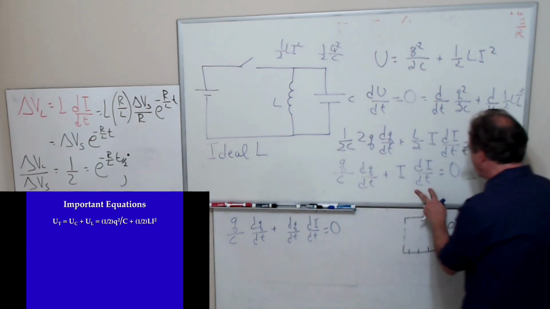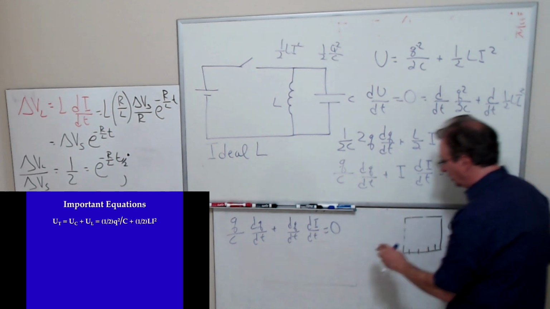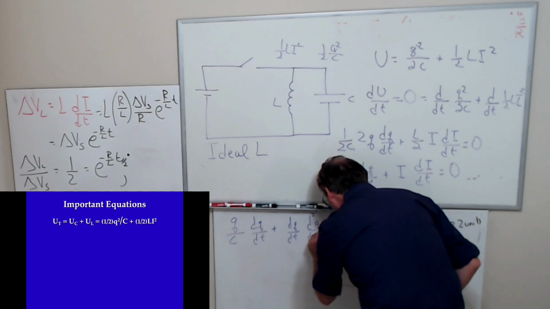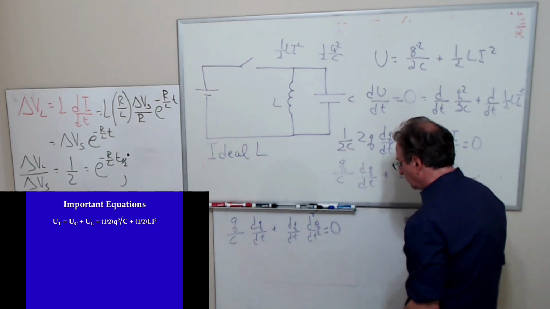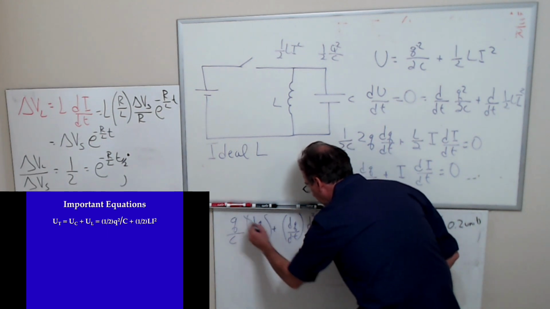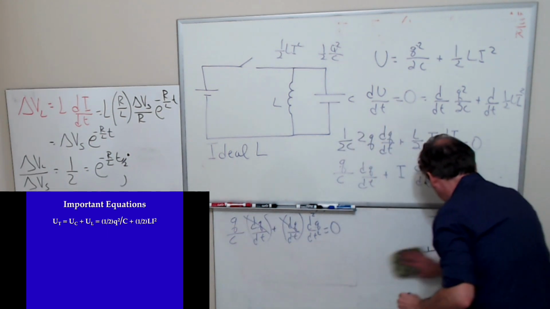But di dt is the second derivative of the charge. Since this equation has these two terms in common, I can cancel them.